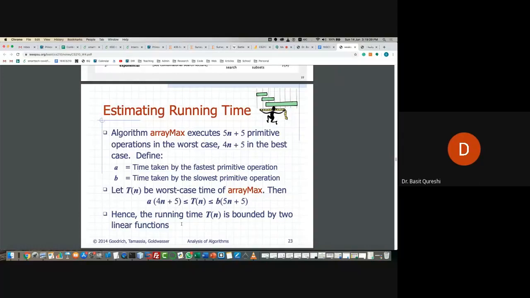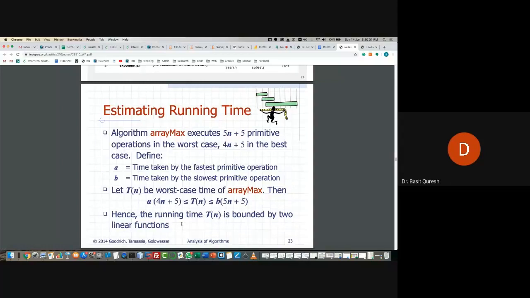So for example, if I have a program and I run it on my computer 10 times, out of all of these 10 times, let's say one time it ran the fastest. That will be the best case time. And out of all of these 10 times, it worked the slowest. That will be the worst case time.